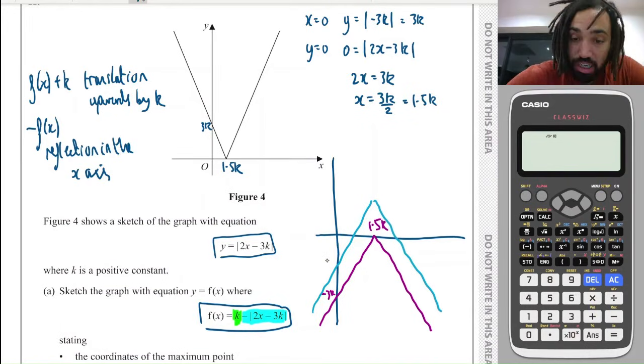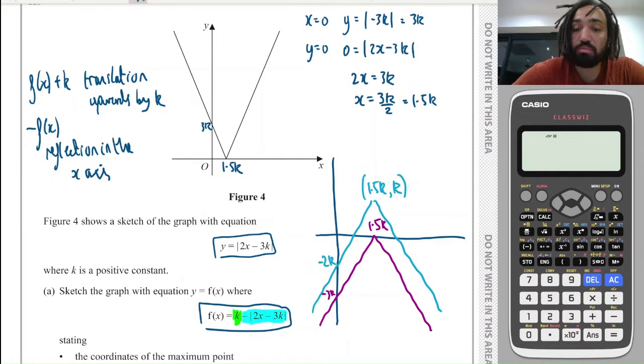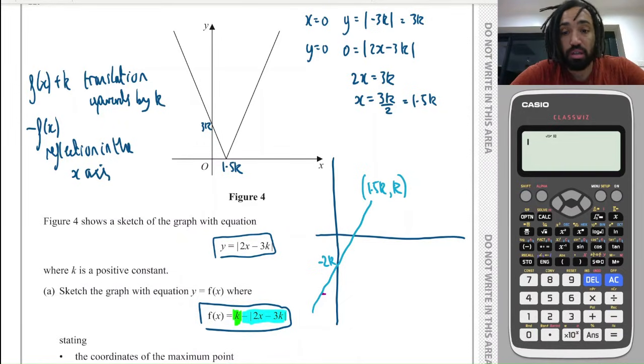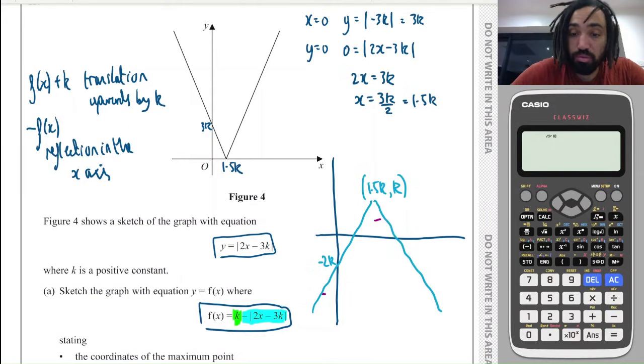And it's going to cross now at minus 2k, because we've added on k. And that minimum point, the x value will be the same, but the y value will have gone up from 0 to k. So I can get rid of this purple stuff now, and I'm just left with my correct graph.